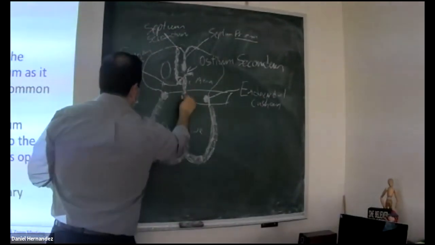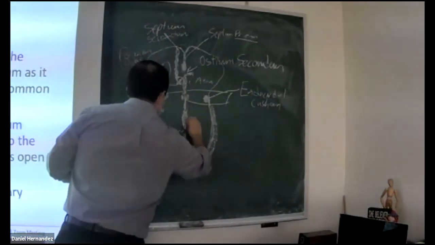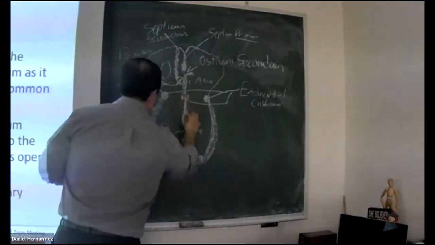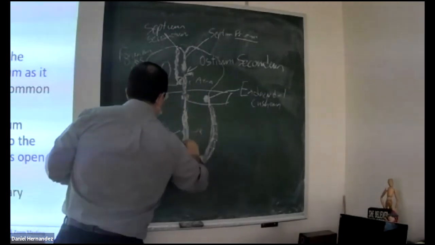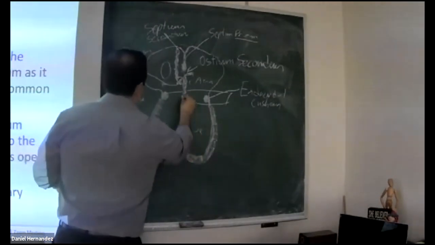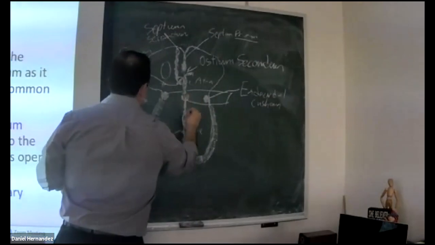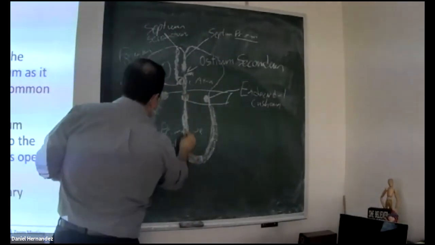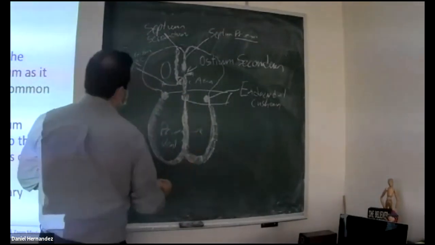While that's going on, you also have development of the ventricular septum. The portion that's growing down from the endocardial cushion is thinner than the portion growing up from the base of the heart.